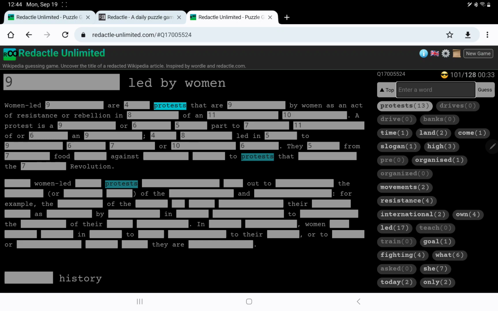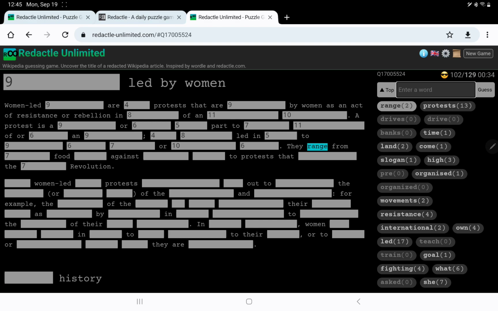That are something by women as an act of resistance or rebellion in something of an 11. Protest is a 9 or 6-5 part to 7-11 of or maybe against, no, that's 7. Oh, and it's not redacted. They range from 7 food, again this food, 5.